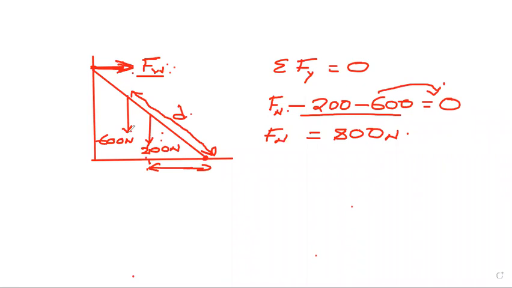Then if we extend this here, the perpendicular distance is that distance there. For the normal force, which is called the wall force, the perpendicular distance is this distance here, the distance which is perpendicular to it.